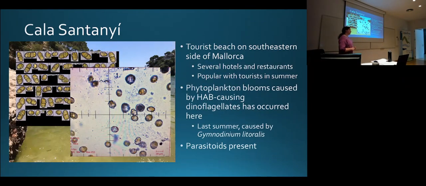Can that make sense? It could be that the parasitoids favor other species and not necessarily Gymnodinium. I have to look at the data a little bit more. I'm working on analyzing community structure, but this species is what dominates and has for at least the last two summers. Gymnodinium seems to be the one that can access the nutrients faster or whatever it's doing.